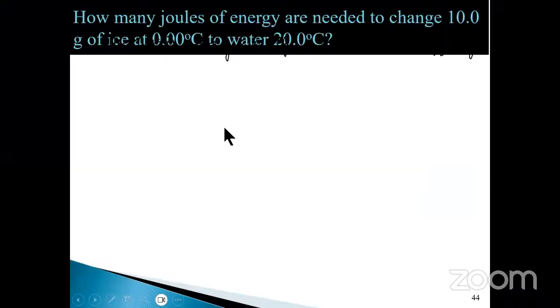In order to do that, we have to recognize that certain energy changes take place at different stages. You're going to start off with H2O solid at 0.00 degrees Celsius, and heat it to form H2O liquid at 0.00 degrees Celsius.